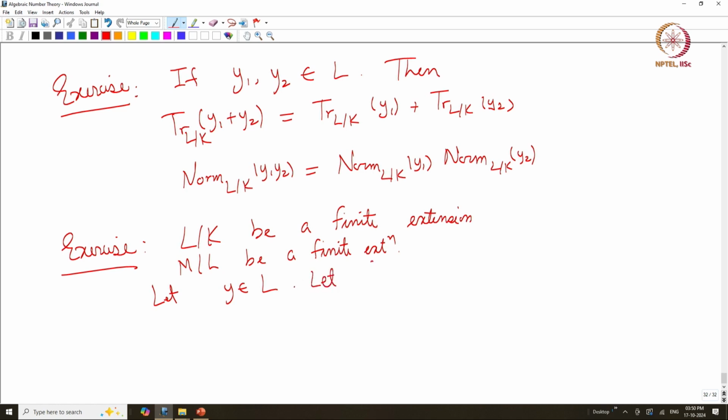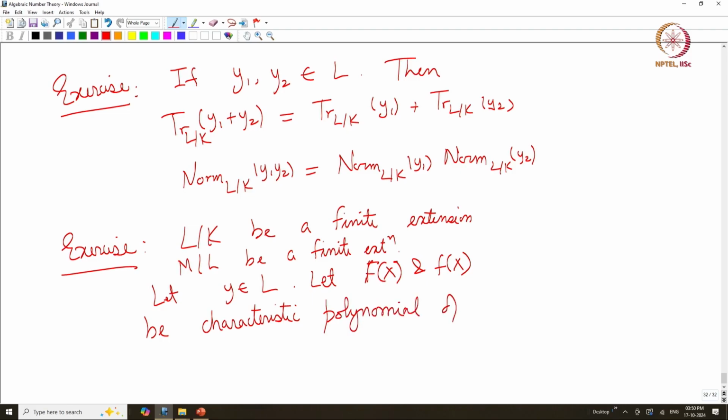So, let F of x and f of x be the characteristic polynomial of y with respect to the extensions M over K and L over K respectively.